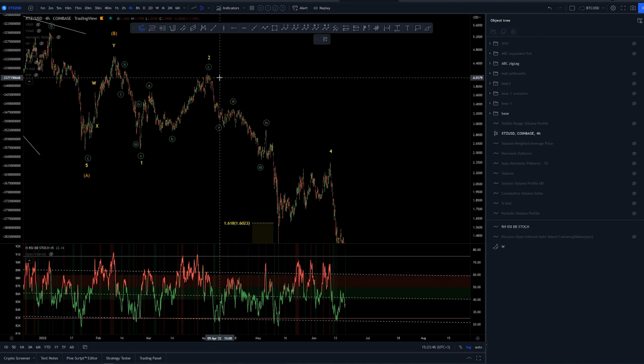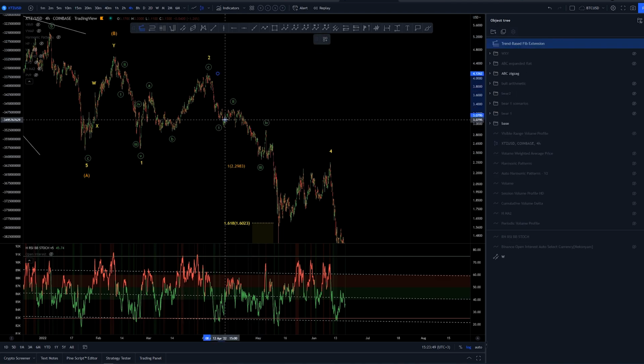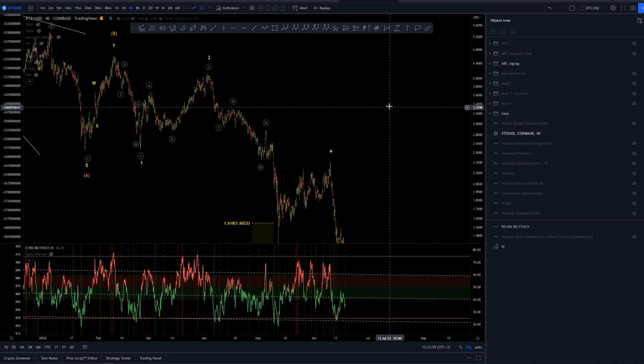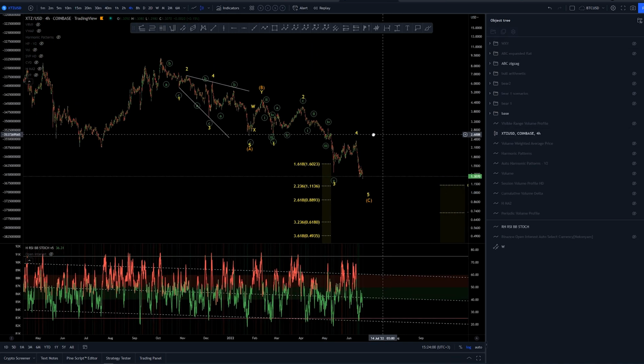Wave 3 can never be the smallest. So we have to pivot it from here, and we have some kind of expanding flat here. At that point, we can make wave 3 larger. And that's the only finicky part about this count, to me at least.